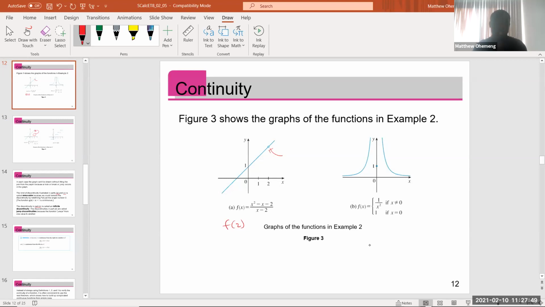So this discontinuity is created by an infinite limit, and that's why it's called an infinite discontinuity. This is not like a removable discontinuity because you can't define a single point to make it continuous again.